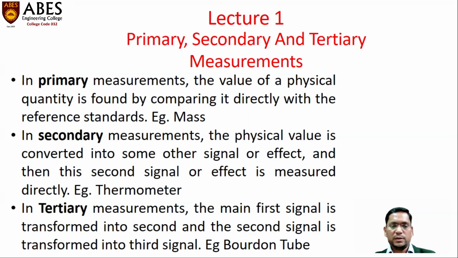In the secondary measurement, the physical value is converted into some other signal or effect, and then the second signal or effect is measured directly. For example, a thermometer and a bellows tube, we can say a spring. The thermometer and bellows tube are the best examples of secondary measurement.